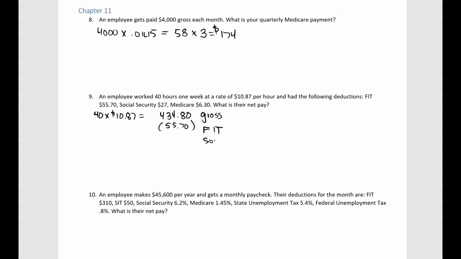Social Security is $27. Medicare was $6.30. What is his net pay? Or her, I guess. What is their net pay? $345.80.